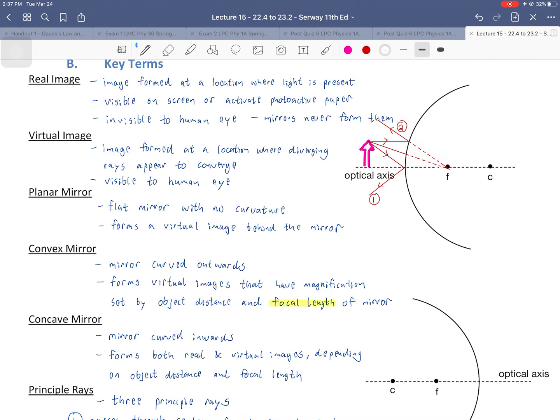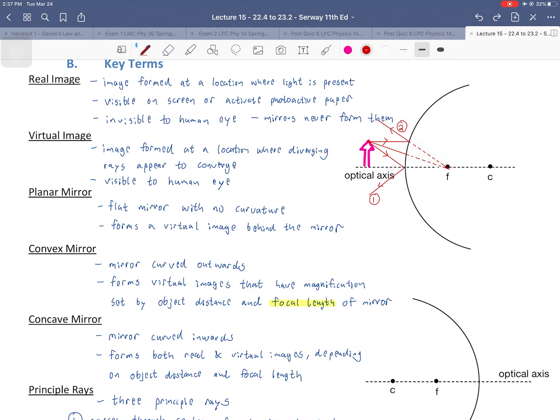But then I need to have it get reflected. Well, here's the thing. If it was going to pass through the focal point, then we know it's going to get reflected exactly horizontal. In other words, it's going to get reflected exactly parallel to the optical axis. In the same way that principal ray 2 came in exactly parallel to the optical axis and got reflected along a line that passed through F, if the ray comes in passing through F, then it gets reflected horizontally.